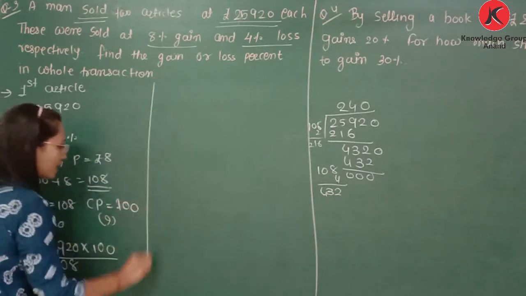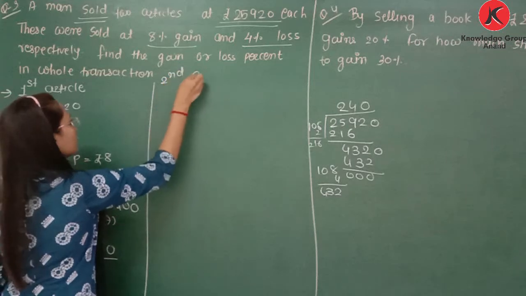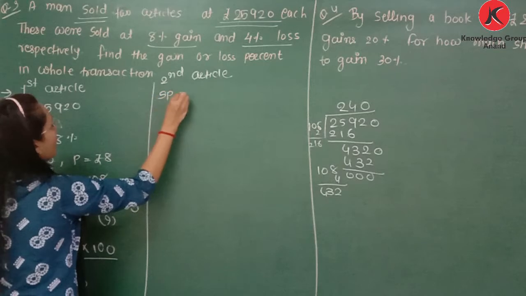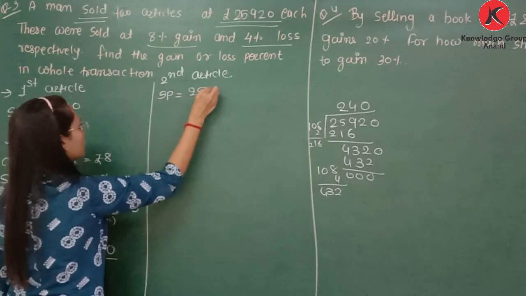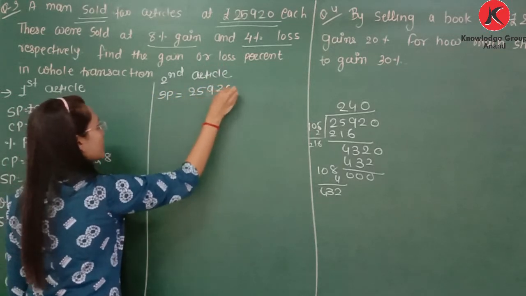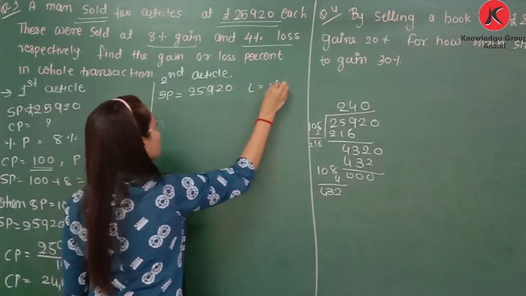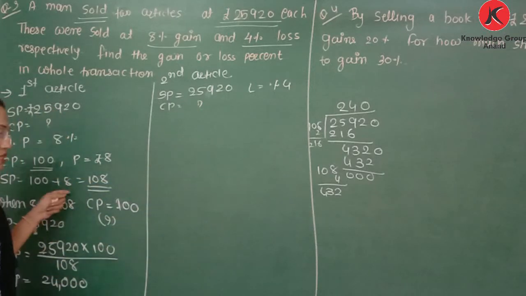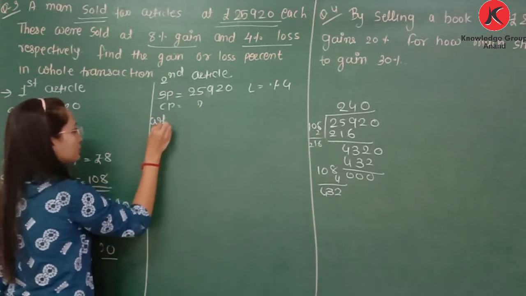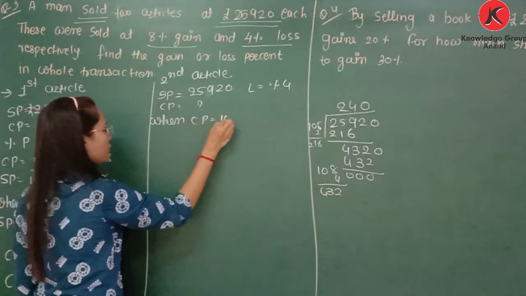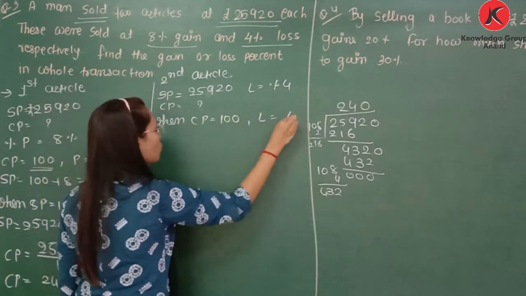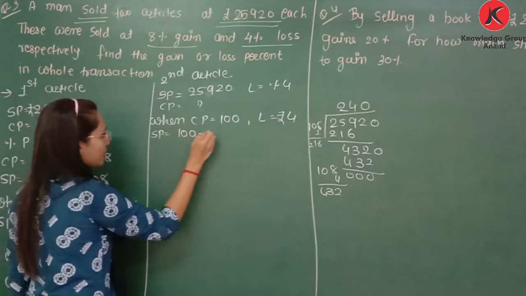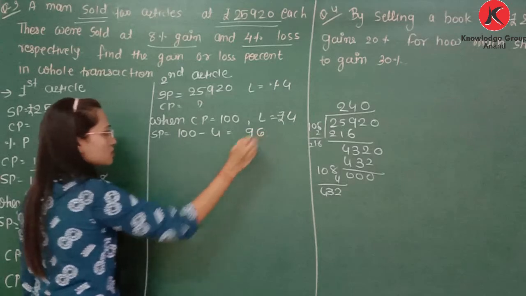Now for the second article, SP is equal to 25,920, loss is equal to 4%, and we need to find the cost price. So again we can use the same method. When CP is 100, loss is 4 rupees. So SP will be 100 minus 4, that is 96.